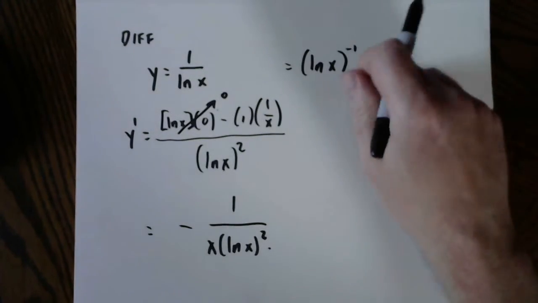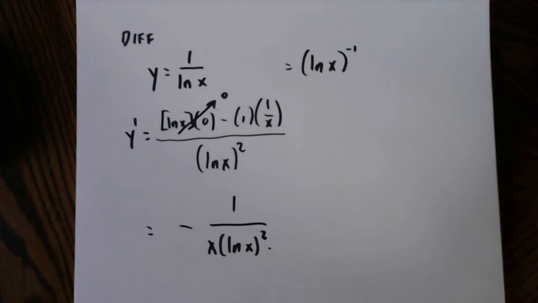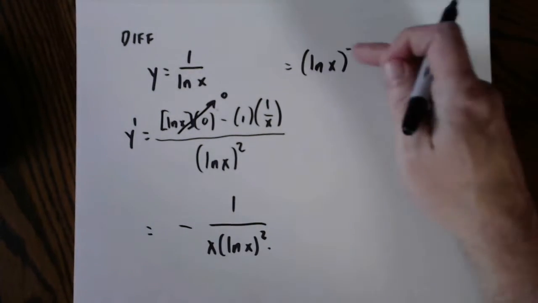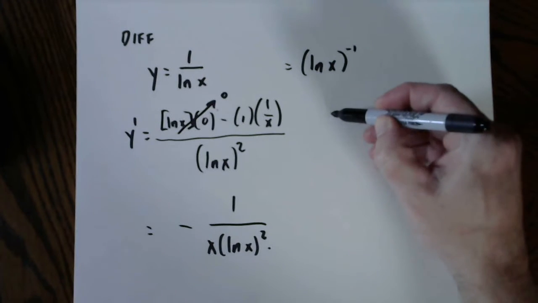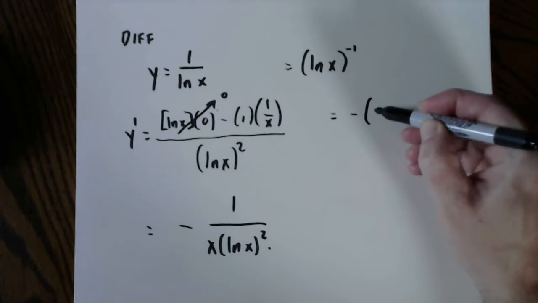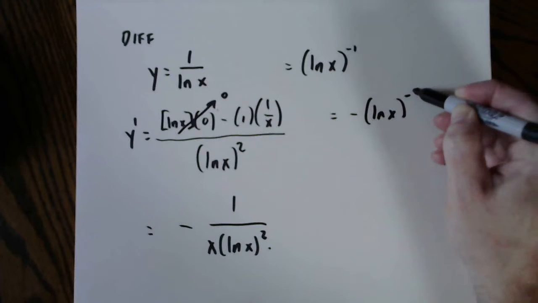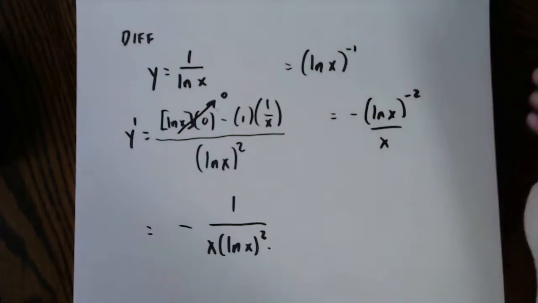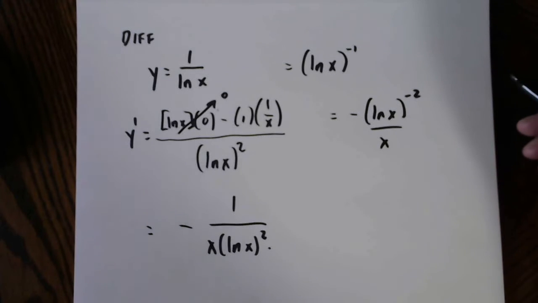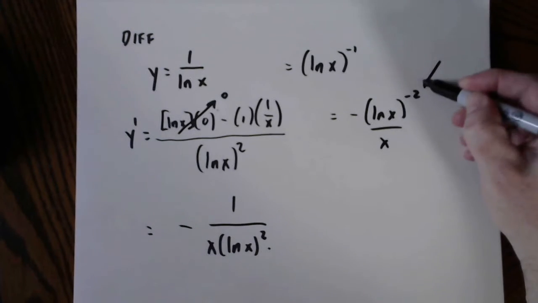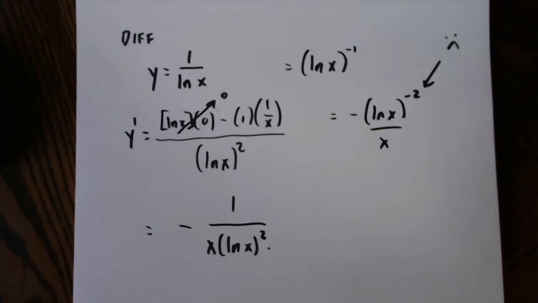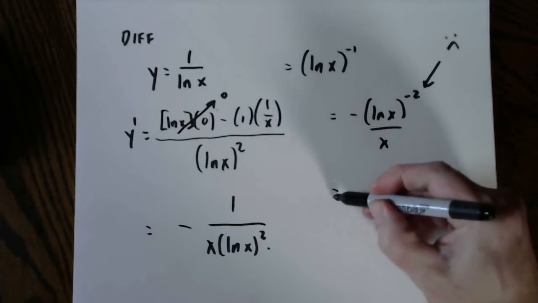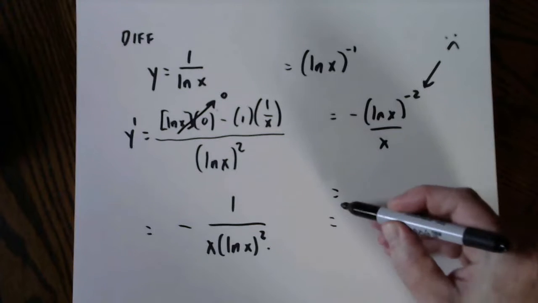So if I do this, now the first layer of this onion is the chain rule, my power chain rule. All right, so if I bring this down, subtract, right, derivative of the inside, 1 over x. Okay, one thing I think I mentioned this before, we don't want these negative exponents, right? We don't want to leave those in our final. So I want to make that positive by pushing it down, and let's make it down here.